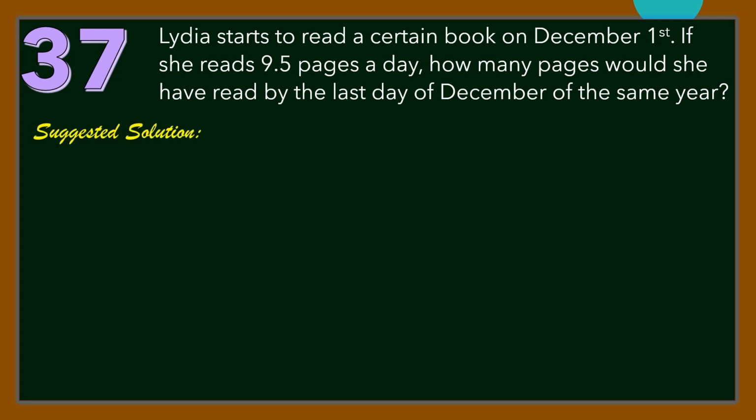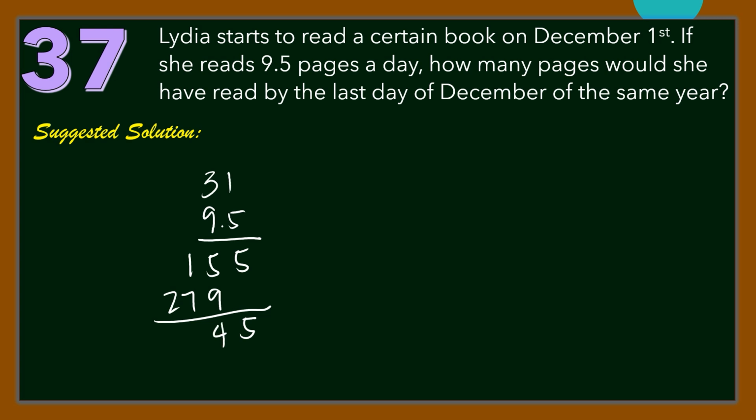Then we're going to multiply 31 times 9.5. 1 times 5 is 5, 3 times 5 is 15, 1 times 9 is 9, 3 times 9 is 27. So we have 5, 4, carry 1, 9, 2. Lydia must have read 294.5 pages.